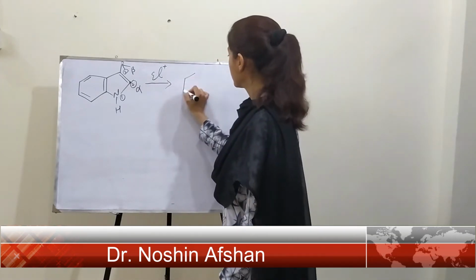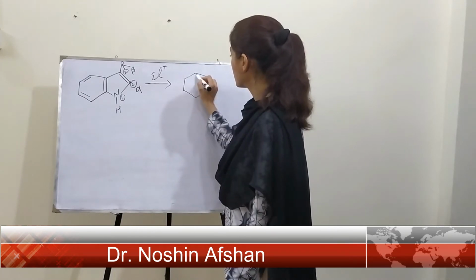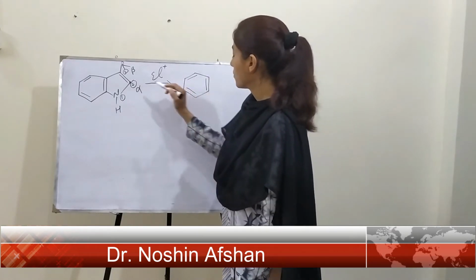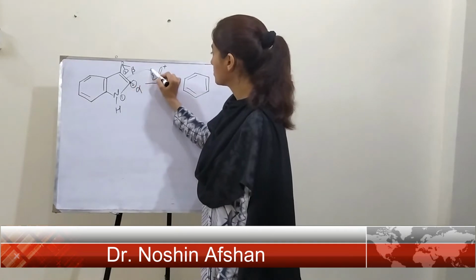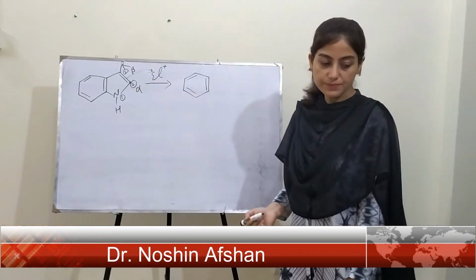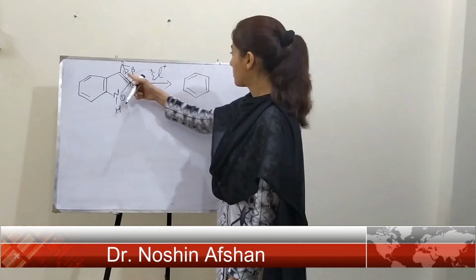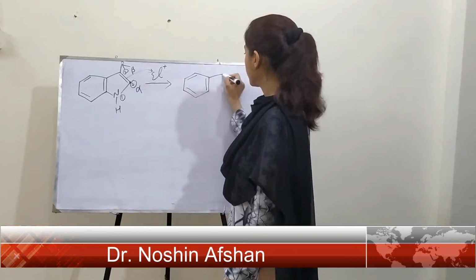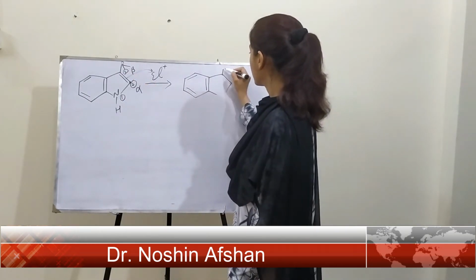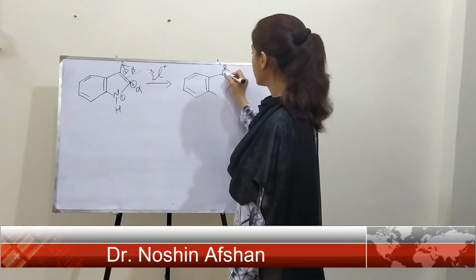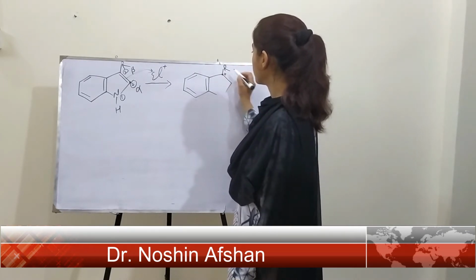then we may get this one. What would happen? This bond would be shifted to electrophile and then a positive charge would be generated at this position, at this carbon.